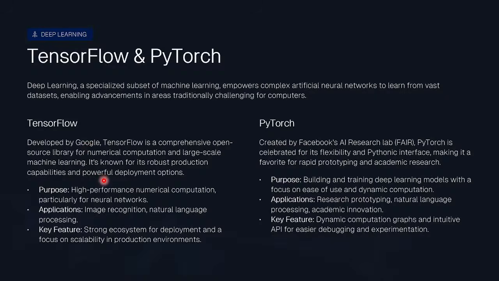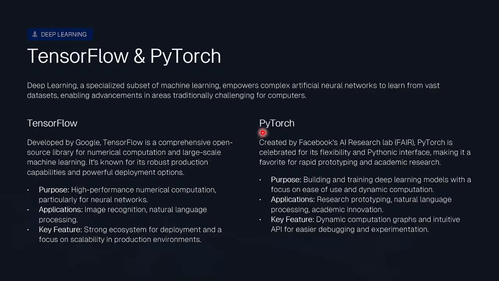If we have to do high numerical operations or high computation like in machine learning or deep learning tasks, it is the library that is preferred, and it is used in image recognition and natural language processing. It is used where we are developing a model that we have to use in production and we have to scale, then we'll use TensorFlow.